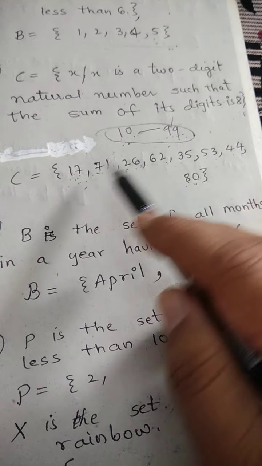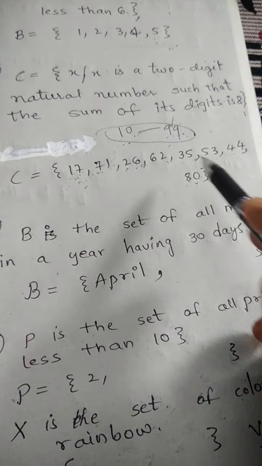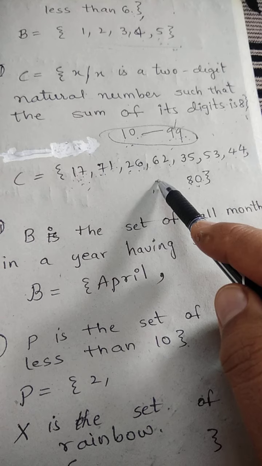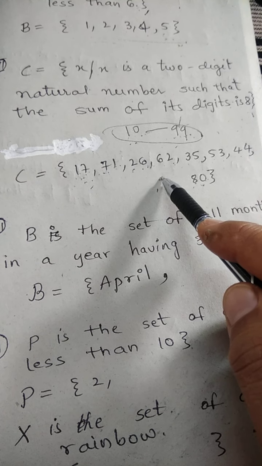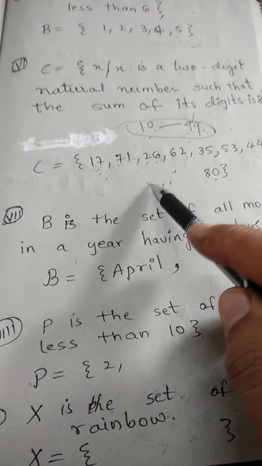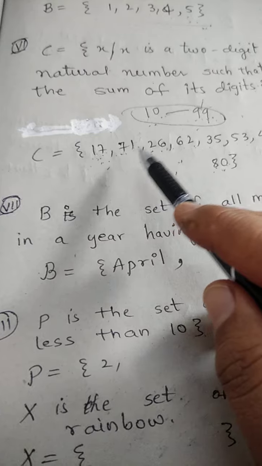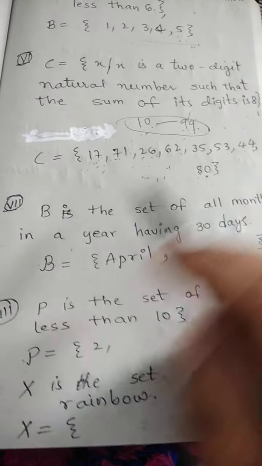So these are the 2-digit numbers whose sum of digits is 8. Okay, how simple. Like this you can make your own problem. You make your own problem like this and solve.